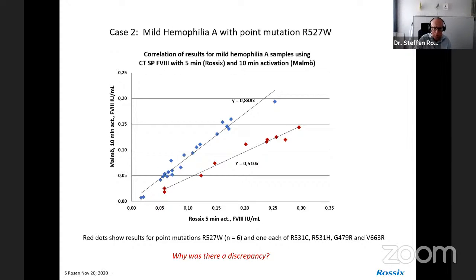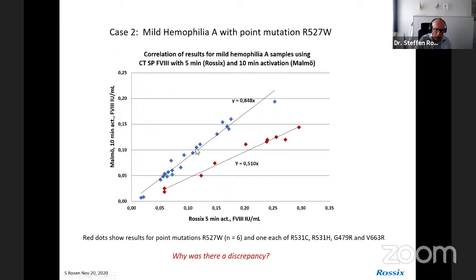And I won't go into detail about the study, but there were a number of patient samples distributed and measured at the various sites. We used a Coatest kit with 5 minutes activation time, the high range, which we had extended to a bit lower values. We had verified that. Whereas the Malmö group used the low range method with 10 minutes activation.